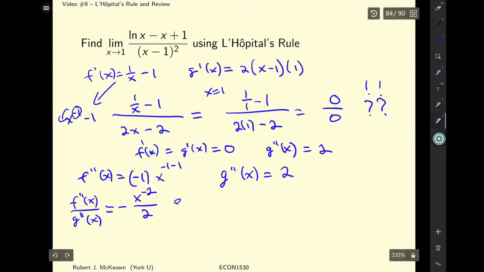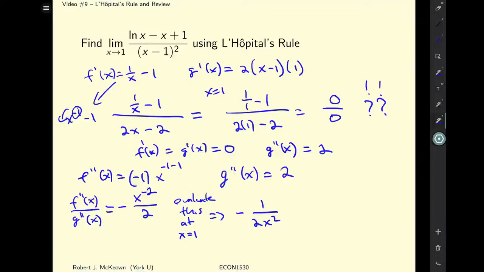And now I want to evaluate this at x equals 1. Now, maybe before I do that exactly, I'm going to have 2x squared like that. Negative 1 over 2 times 1 squared.